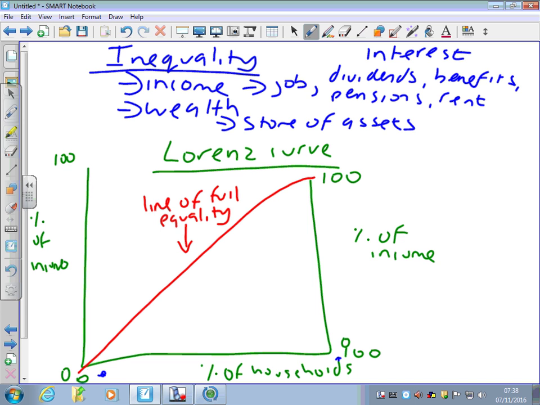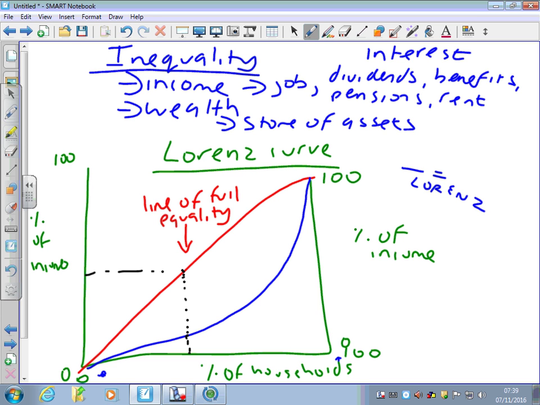Then what we can add is a Lorenz curve. The blue line is our Lorenz curve. If you were interpreting this, if I go for this point here on the line of full equality, roughly what this shows is that 45% of the households in the country make up 45% of the income.